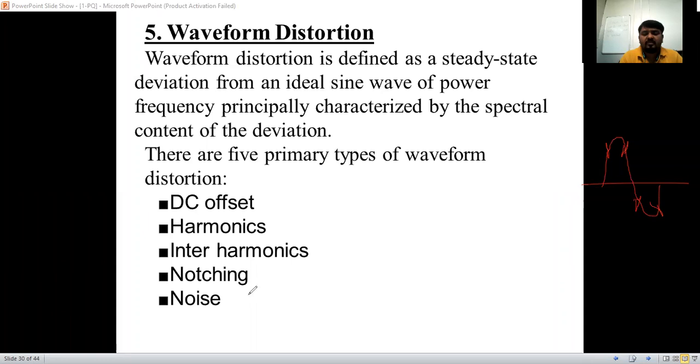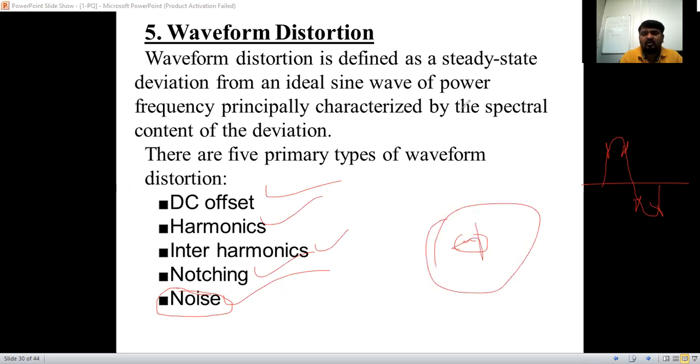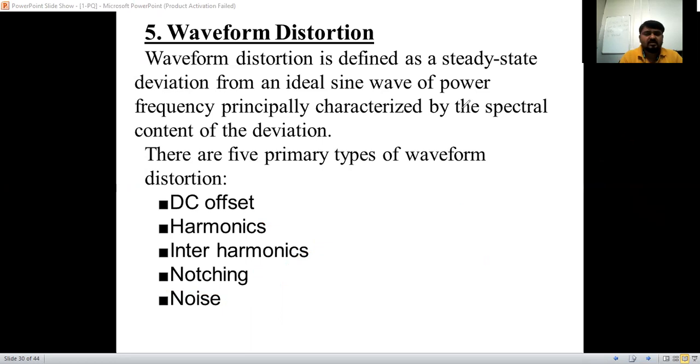We also get noise in the waveform or in the AC system; noise is an unwanted signal of the electrical system. So these are the primary types of waveform distortion.